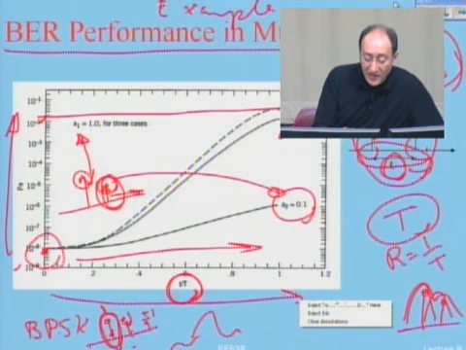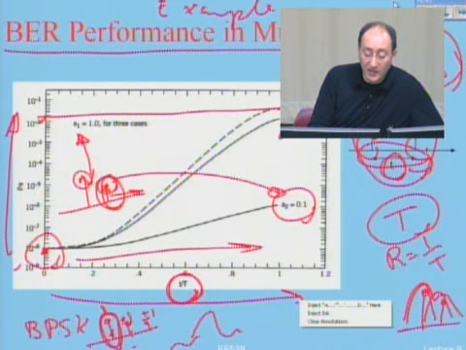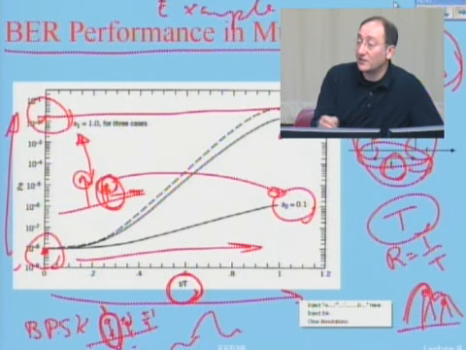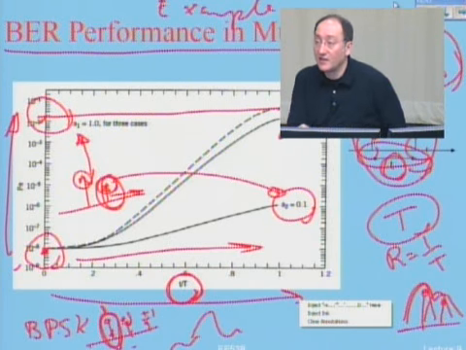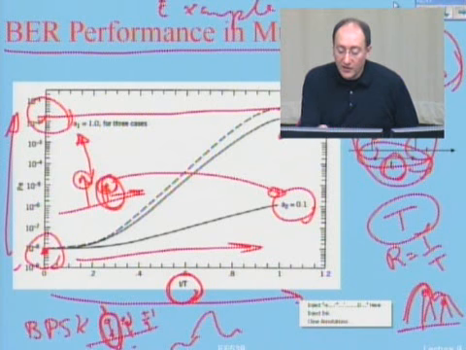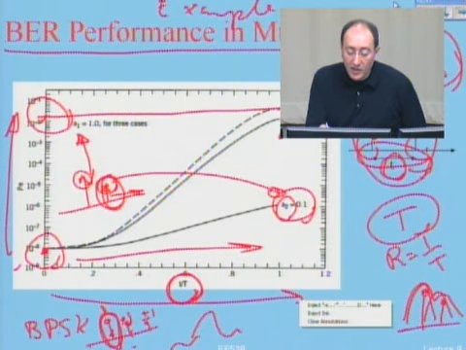10 to the minus 8 is acceptable for voice and data. Less than 10 to the minus 2 is not acceptable for anything. So this is the basic thing which happens. As I'm changing A2, I'm really changing tau RMS.